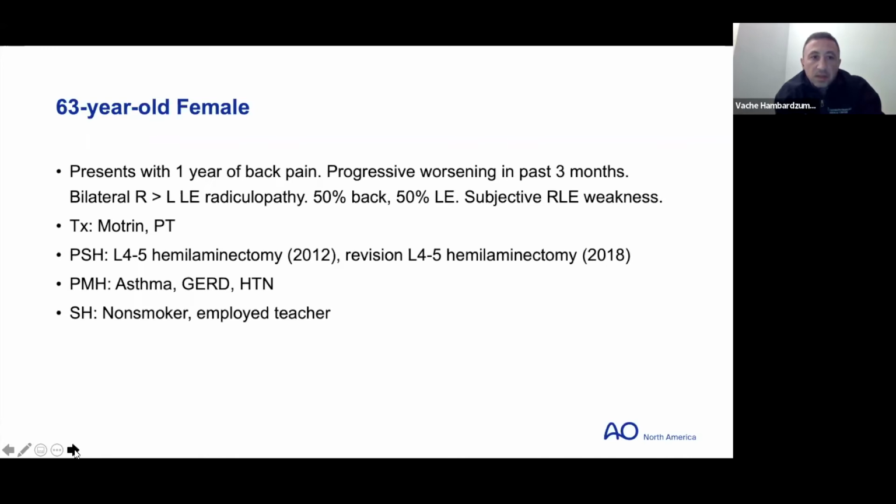Her treatment to date was medications and physical therapy. Her past surgical history is significant for L4-L5 hemilaminectomy in 2012, then revision at the same level in 2018. Her past medical history is non-contributory. She's a non-smoker and an employed teacher. Next slide, please.